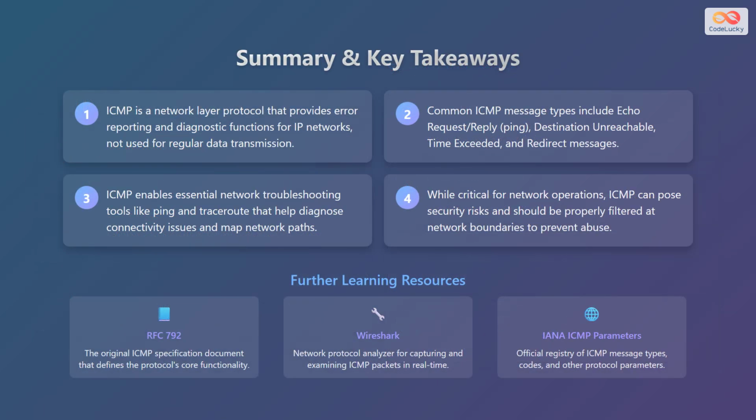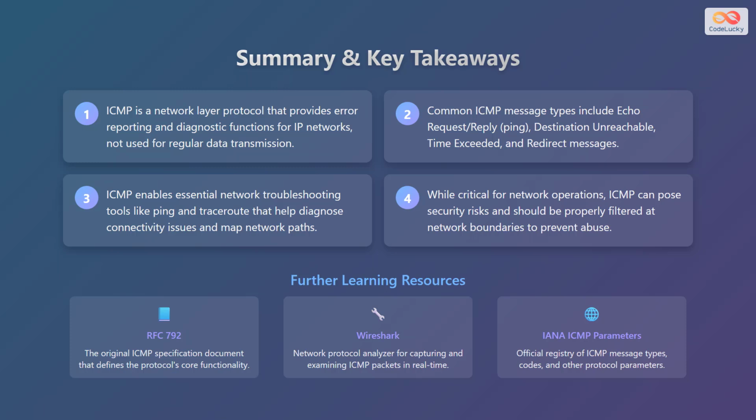Let's summarize the key points about the ICMP protocol. First, ICMP is a network layer protocol that provides error reporting and diagnostic functions for IP networks. It's not used for regular data transmission, but rather for control and informational purposes.